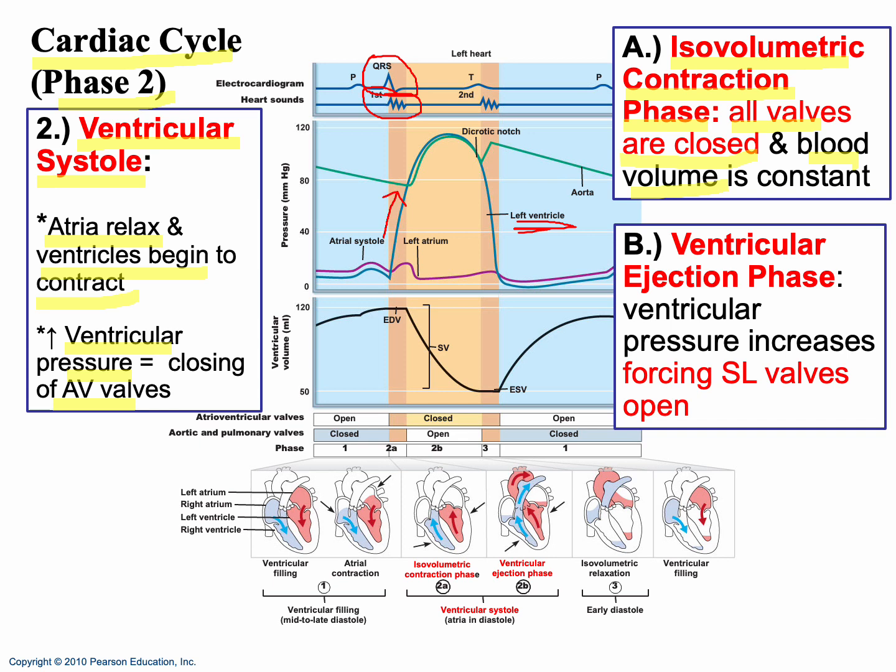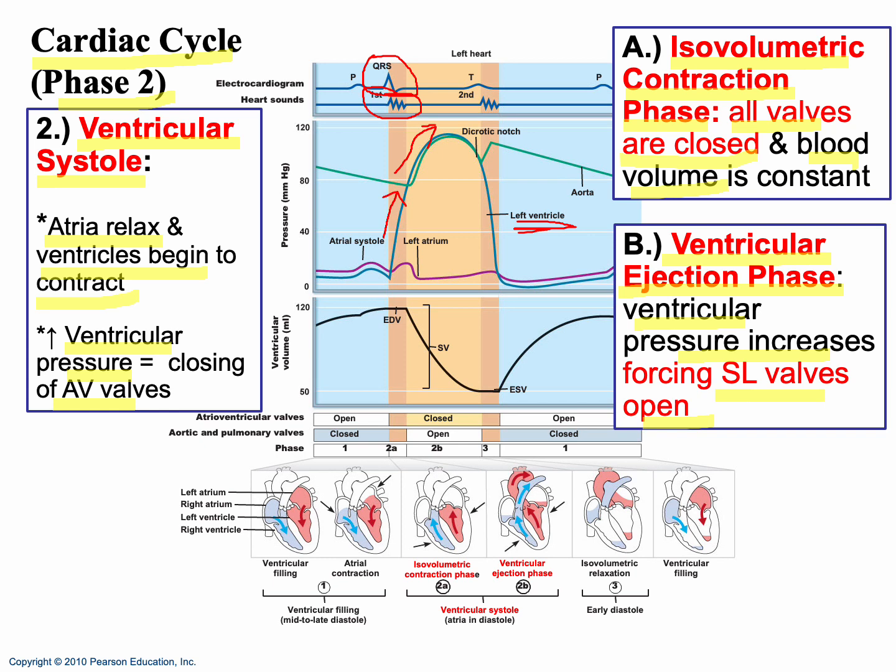And then that gets us into looking at the second subcategory, the ventricular ejection phase. So with this phase here, again, ventricular pressure increases significantly, which will force open the semilunar valves. And so those are going to open up, ultimately because the pressure was building so much.